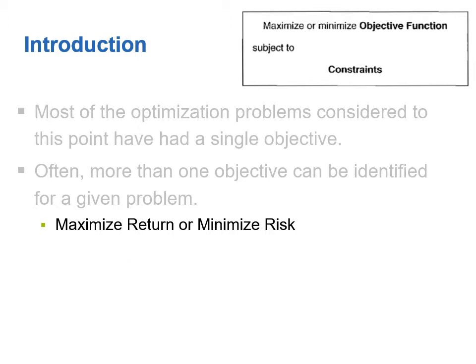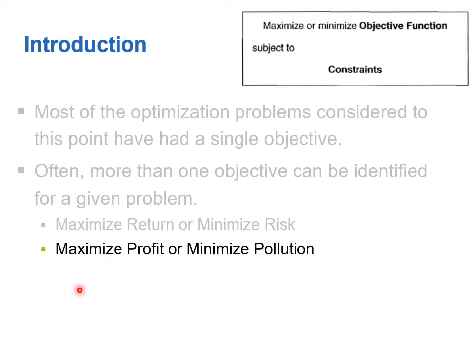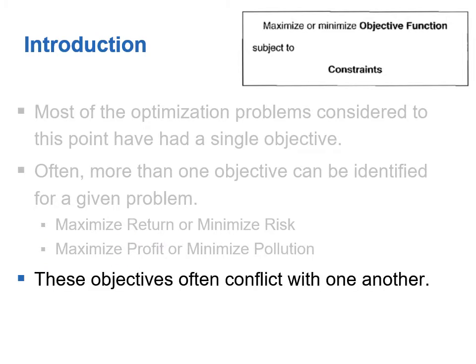Okay? And the problem is, usually these objectives conflict with each other. So what does conflicting mean? If you want to maximize profit, for example, in a setting, the solution which maximizes the profit usually is not the solution which minimizes the pollution.